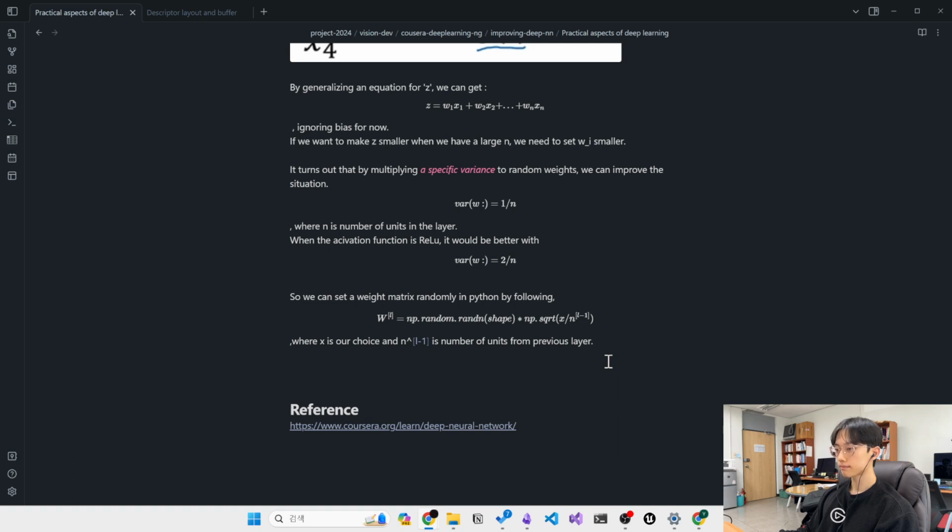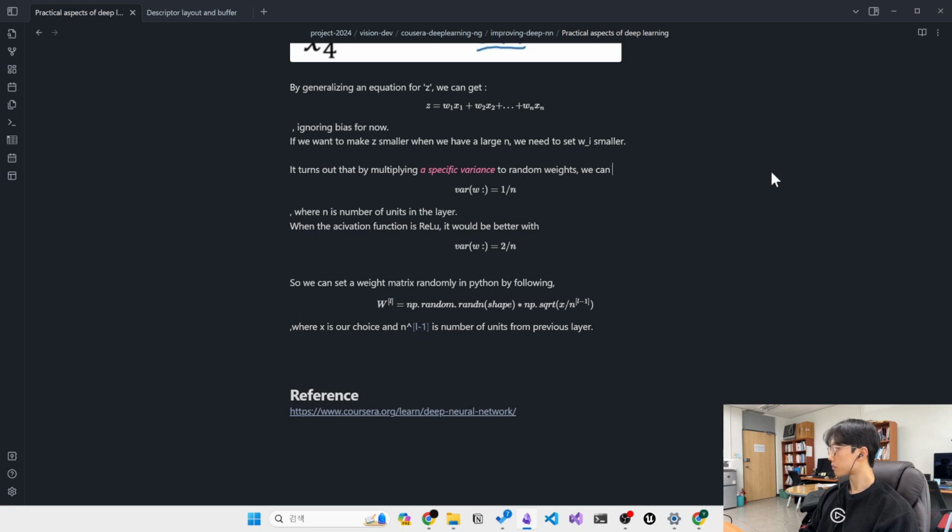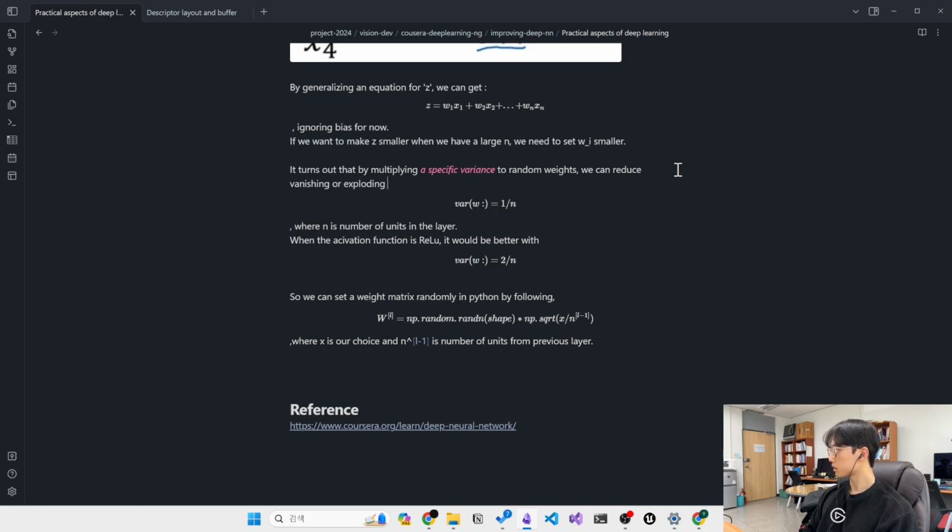And this doesn't solve, but it definitely helps reduce the vanishing and exploding gradients problem, because it's trying to set each of the weight matrices W so that it's not too much bigger than 1 and not too much less than 1, so it doesn't explode or vanish too quickly.